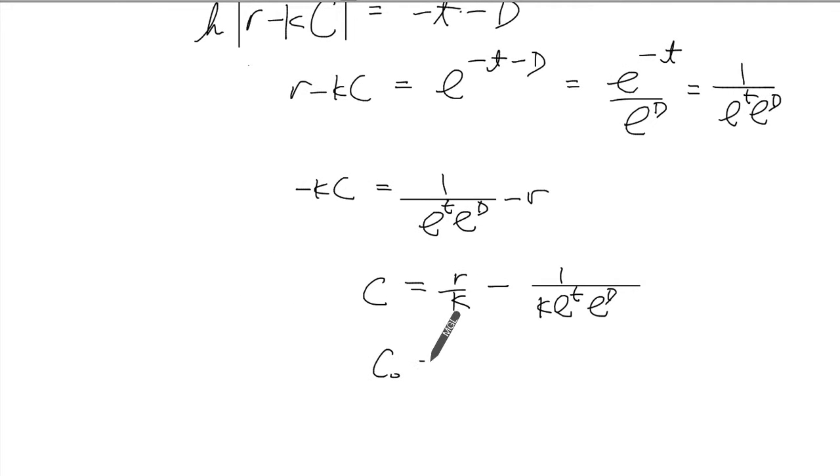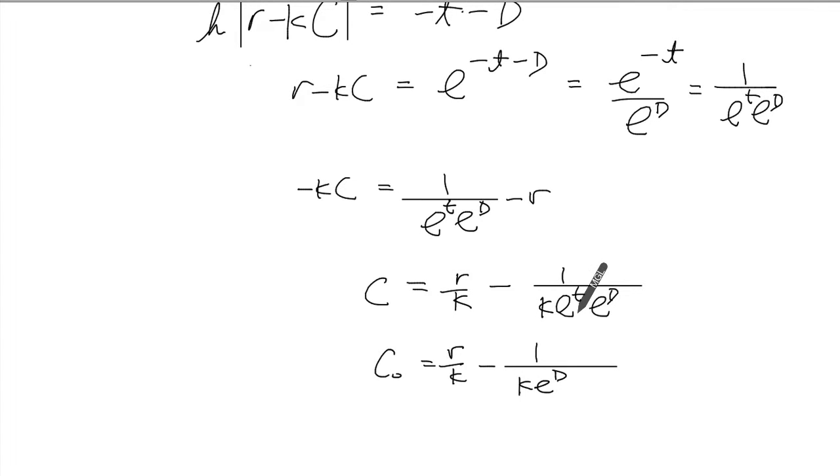So we get C0 is equal to r over k minus 1 over k e to the power of D, because if you set t equal to 0, you just get 1. Now our goal is to actually isolate for this D. All right, so let's subtract C0 minus r over k, and right after that, we're going to multiply both sides by negative. So we actually get this.